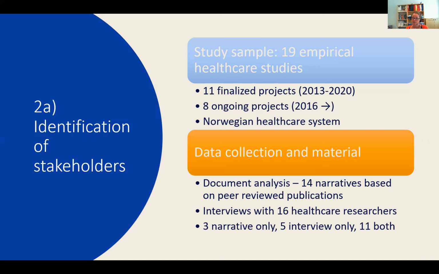And then there are 3 studies that are represented by narrative only. And then there are 5 ongoing studies which are represented by interview only, because they have done data collection, but they haven't got any publications yet to use in the narrative part of the analysis. So that's the data material.